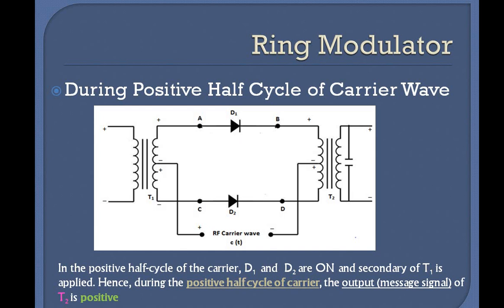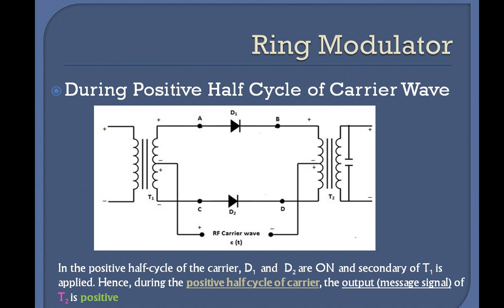I am repeating it once again. When the carrier signal is positive, the diodes D1 and D2 are in forward bias condition. It means D3 and D4 will be in reverse bias condition. Clear? During the positive half cycle, the output message signal is positive, and that is given at the T2 transformer. During the positive half cycle of the carrier, D1 and D2 are in the forward bias condition, meaning the modulator is multiplying the message signal with plus 1.